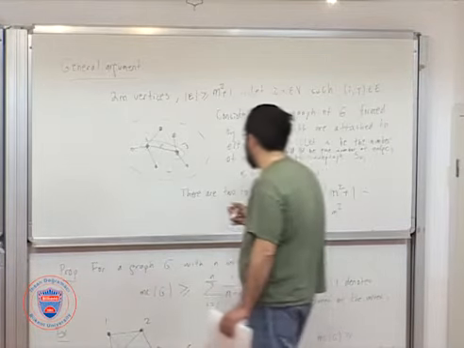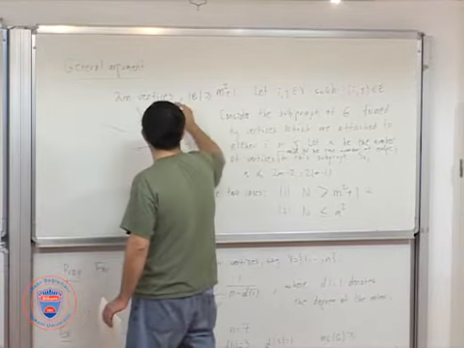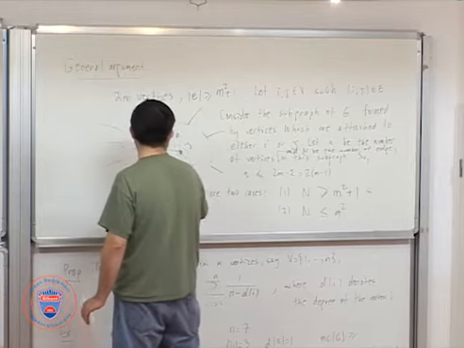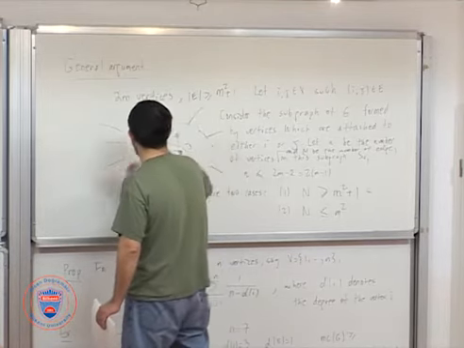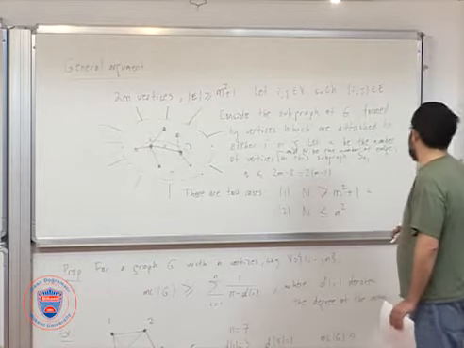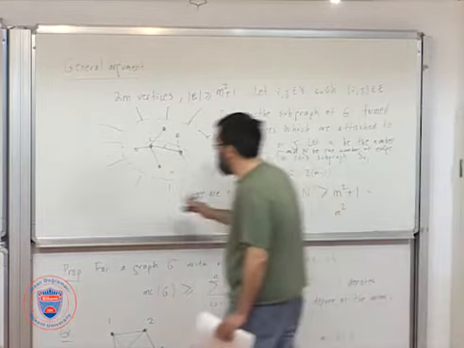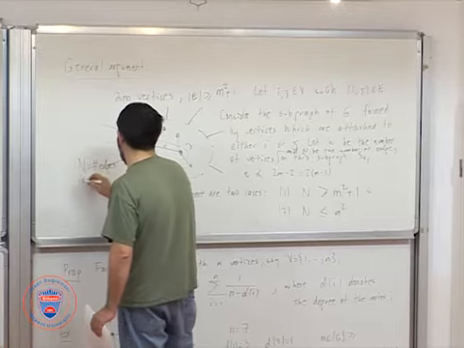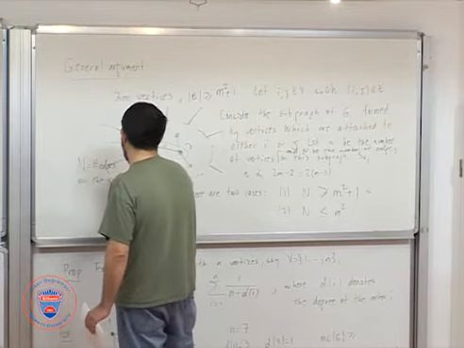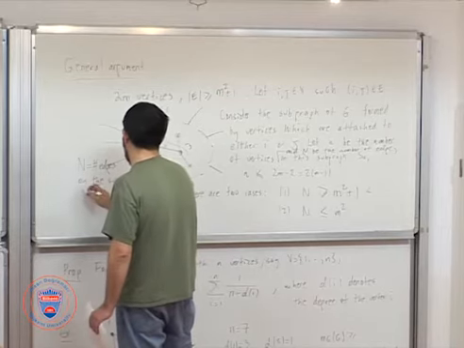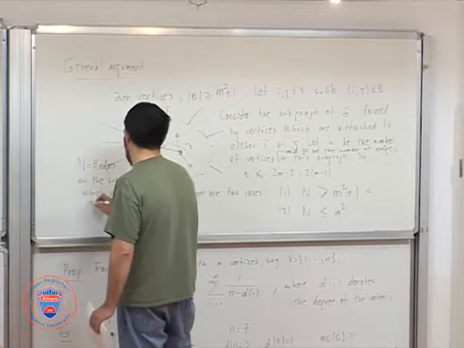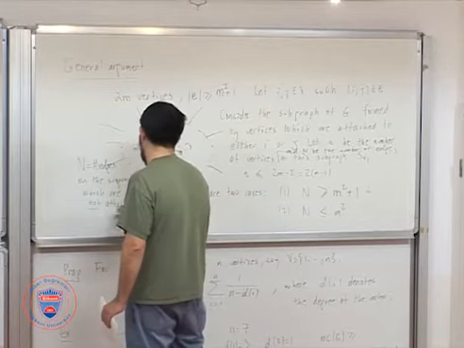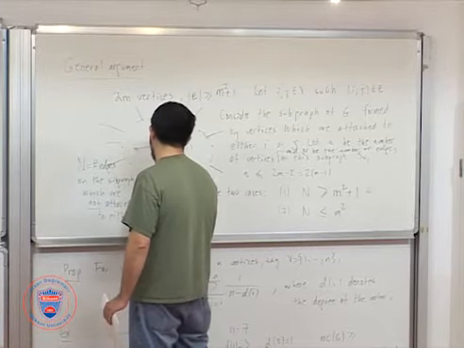Let's look at it this way. So this n will be the number of edges for the subgraph which are not attached to either i or j.